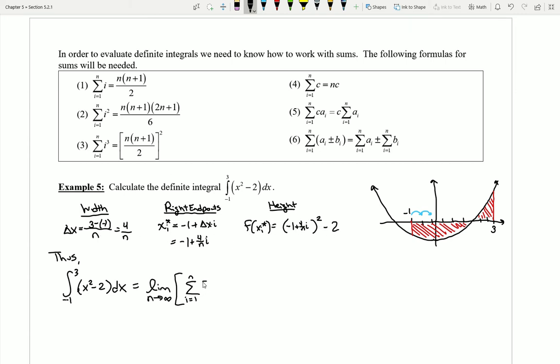Oh boy. All right, so I'm going to have the height of my rectangle, which is negative 1 plus 4 over n times i, all squared, minus 2, there's my height, times my width. This is the limit that is equivalent to this small set of symbols here in the definite integral. And my goal is to calculate this limit.